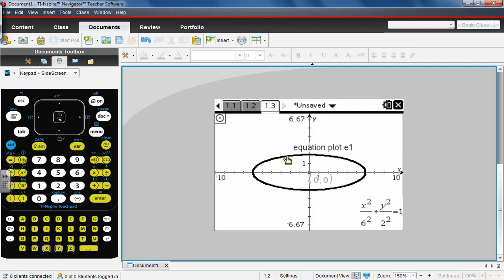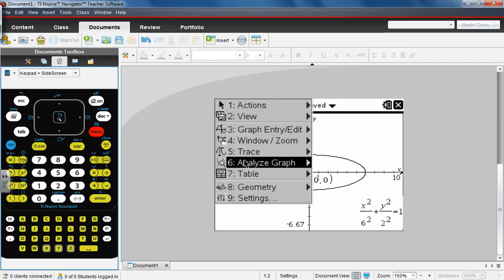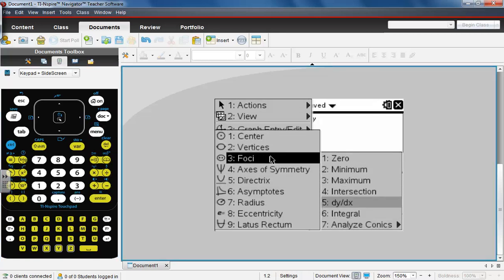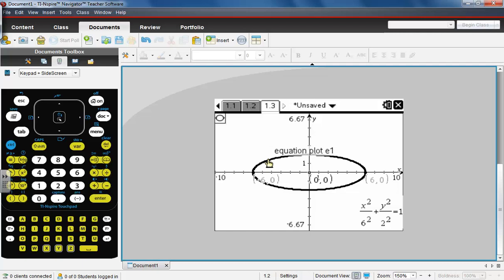Now before it will show up, you have to come click on your graph. So my center is at 0, 0, and I will just repeat that for the rest of my conic features or characteristics here. We can find the vertices, and again I have to actually click on my ellipse before my points will show up.